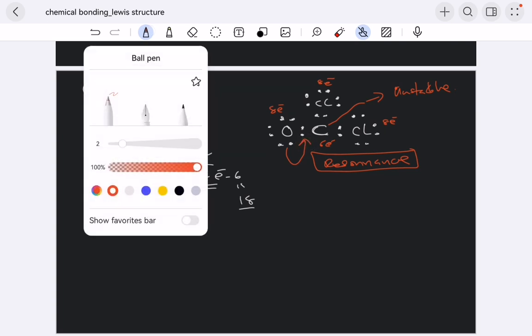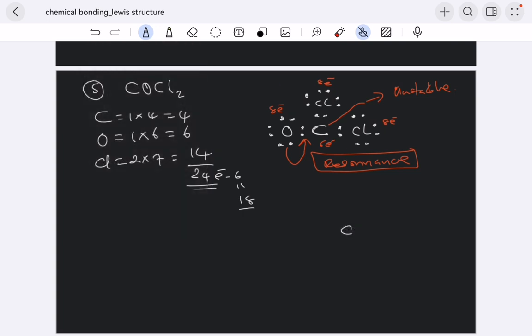So now what we're going to have is a carbon with a pair of 4 electrons there, then oxygen with 2, 2, then we have a pair here, carbon, chlorine, this, and a pair, chlorine.